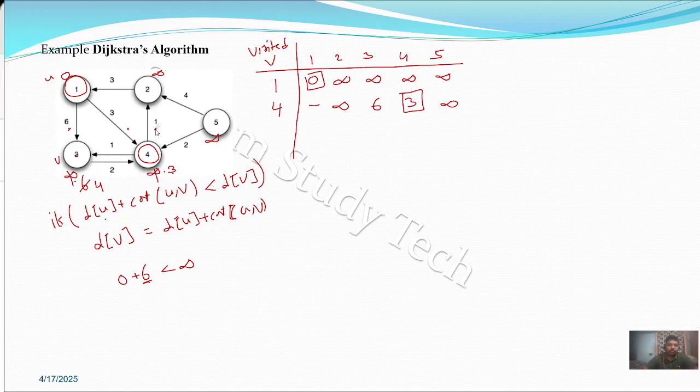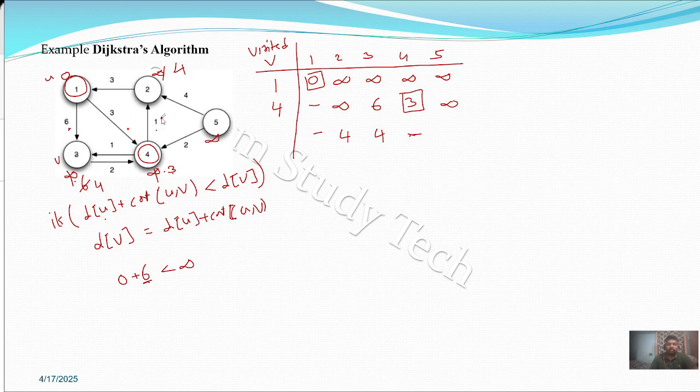Here also 3 plus 1 is 4, and here it is infinity, so you can update it to 4. So this one is 4 and this one is 4, and that vertex is already visited, so there is no need to update it.